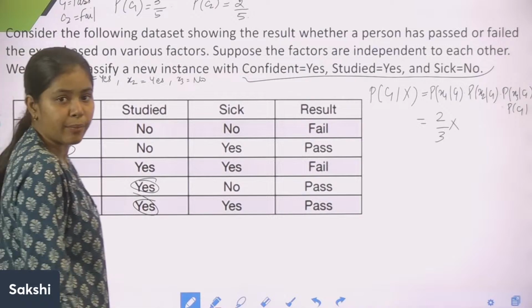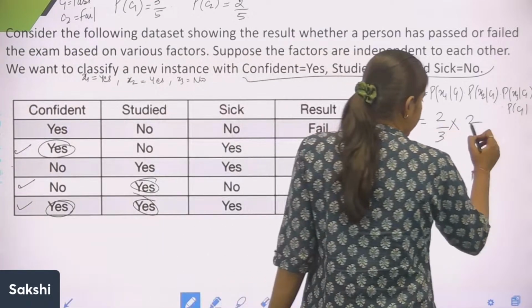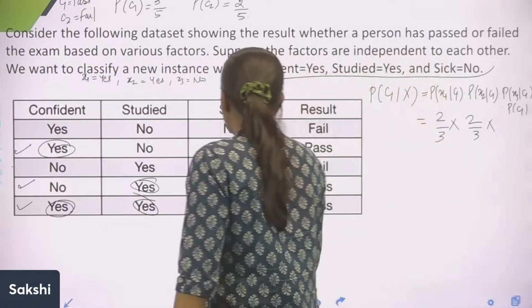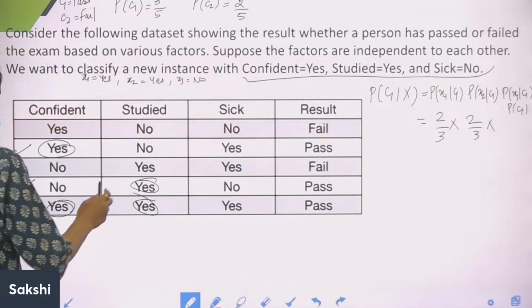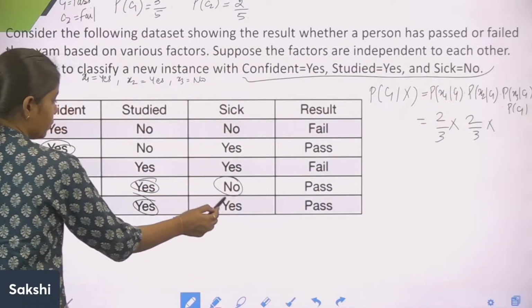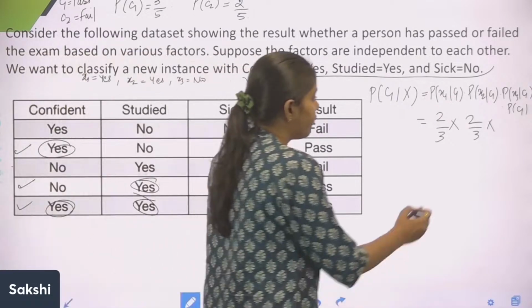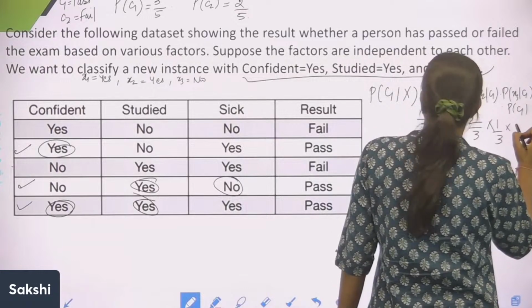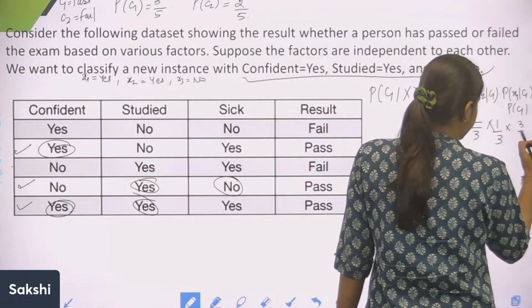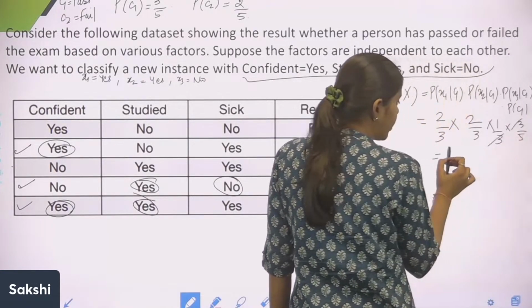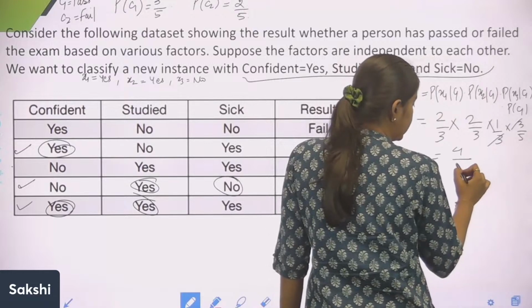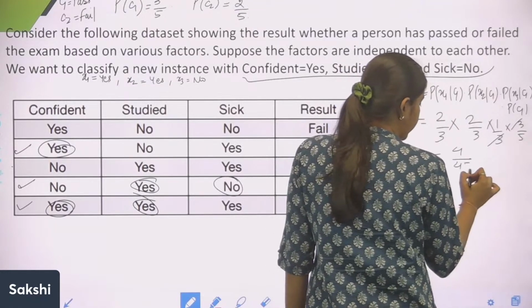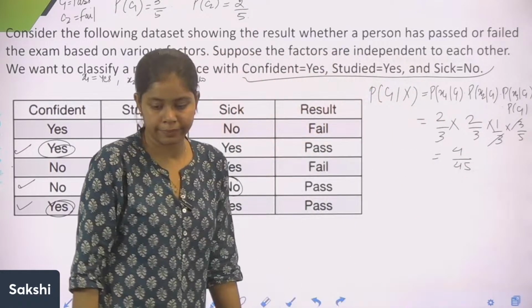So out of 3 examples, 2 are yes, so 2 by 3. Probability of X3 given C1: X3 is given no. This is yes, this is no, this is yes. So we get one example, 1 by 3, and this is 3 by 5. On solving, 2 twos are 4, 3 threes are 9, 9 fives are 45. So we get this probability.